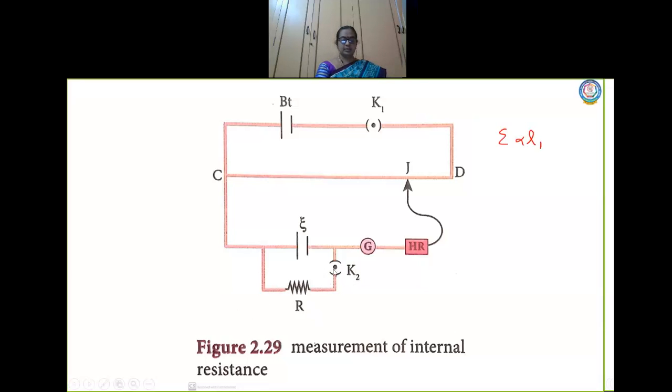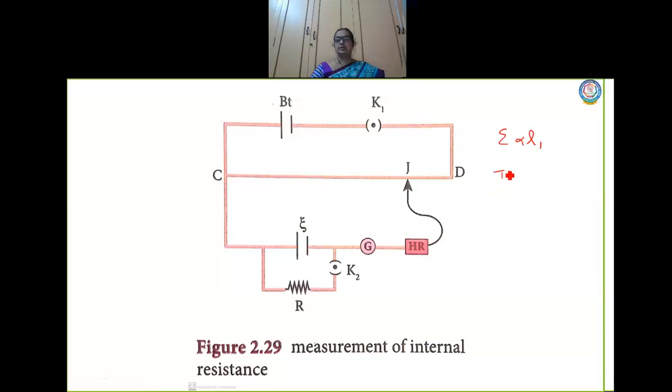So K2 is closed, right? If K2 is closed, this resistance is included in the circuit. Now once again move the jockey. Now you will have current flowing through the cell, and the current value is given as, what is the current formula?